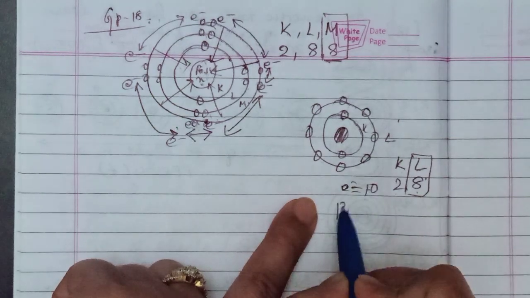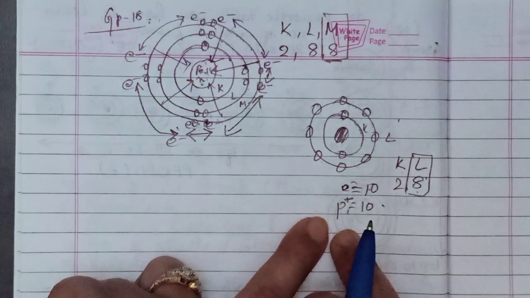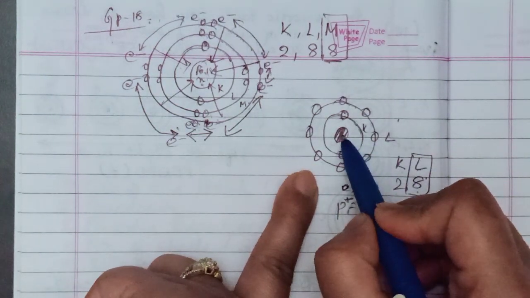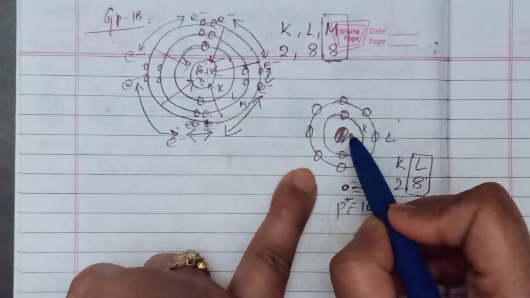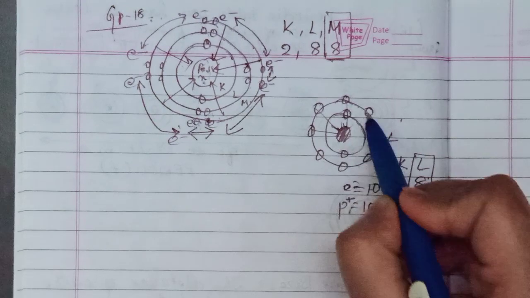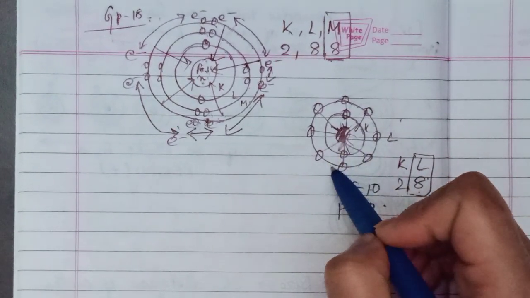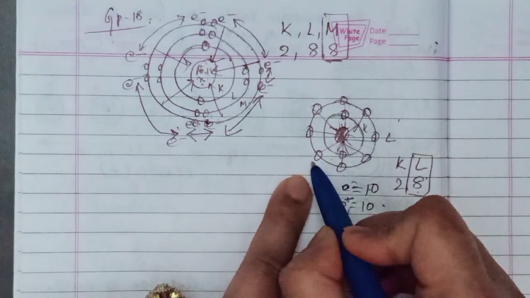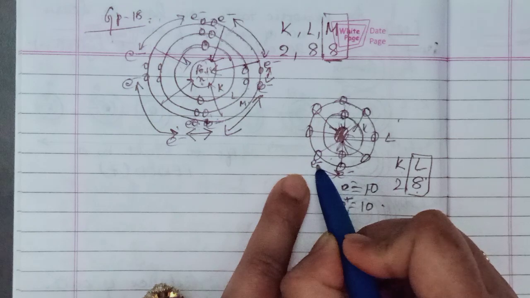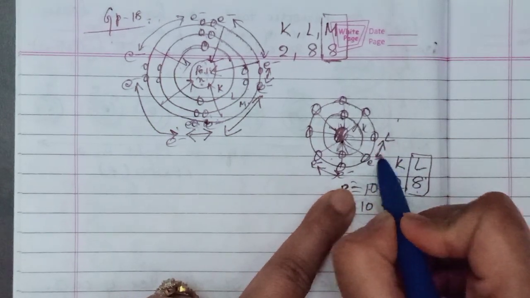That means protons are also 10. Proton is a positively charged particle. So what will happen here? The number of protons is more here. It will attract all the electrons present in the atom towards itself. At the same time, there will be repulsion between each electron present in the valence shell.